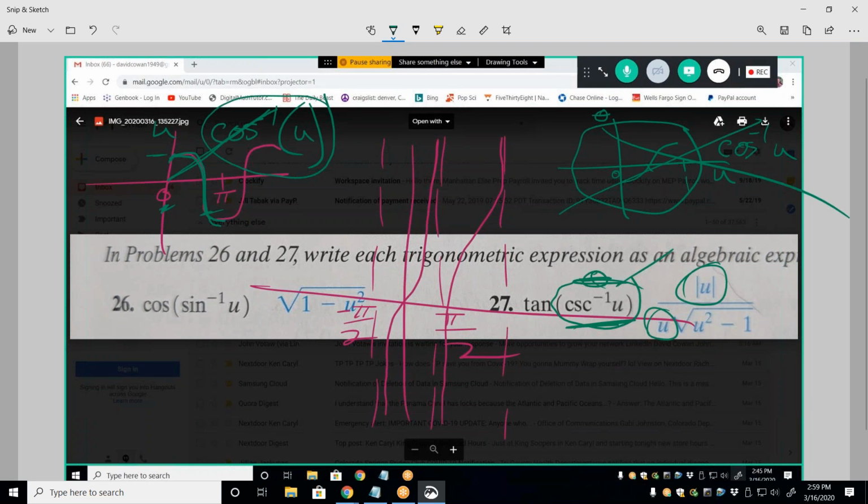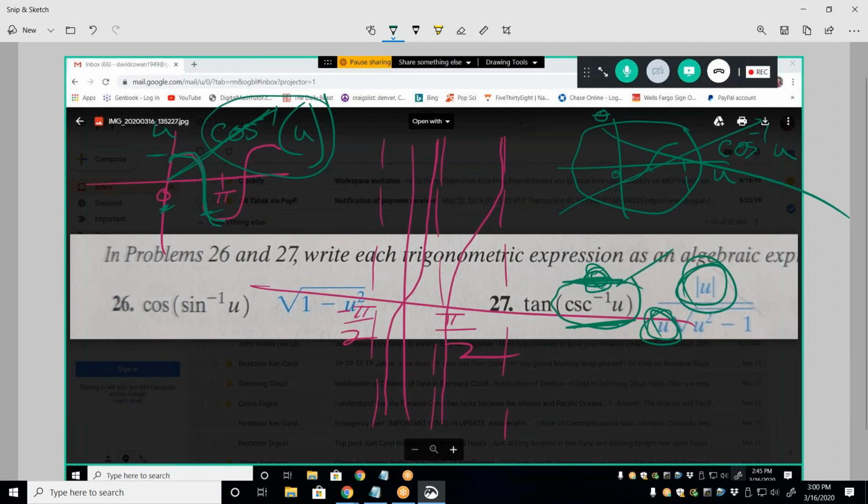When I substitute theta for arc cosecant of u, I can call that an angle theta, but I have to be cognizant of the fact that theta can only be in the third or fourth quadrant. And because of that, I need this absolute value of u over u. Okay, that makes sense.